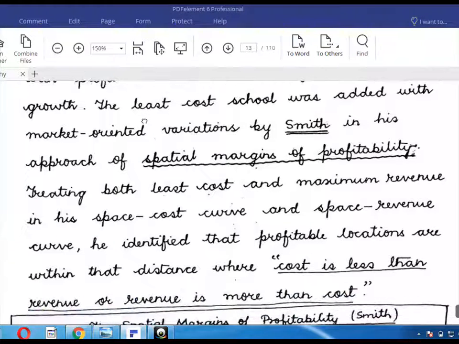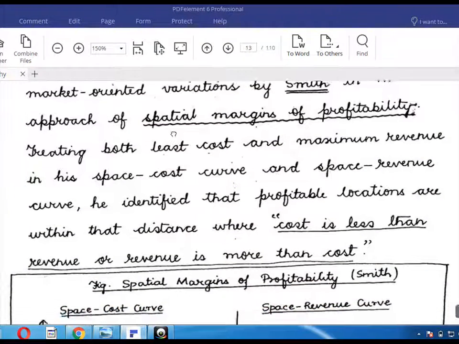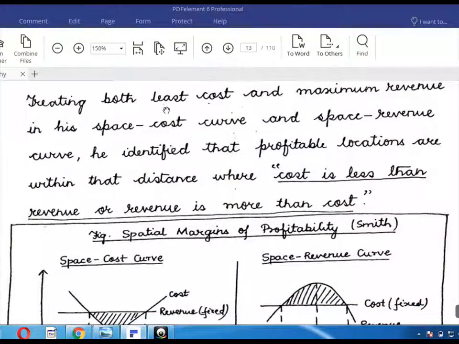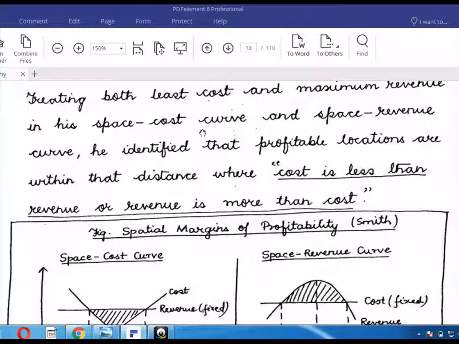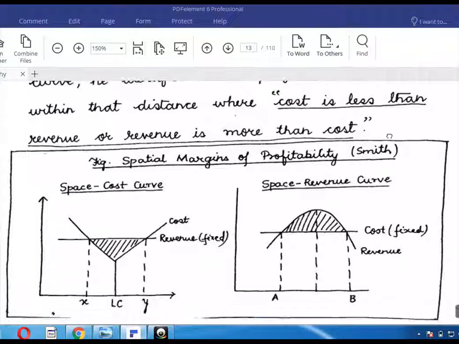The least cost school was added with market oriented variations. Smith, in this approach of spatial margins of profitability, treated both least cost and maximum revenue in the space cost curve and space revenue curve. We identified that profitable locations are at that distance where cost is less than revenue, or revenue is more than cost.